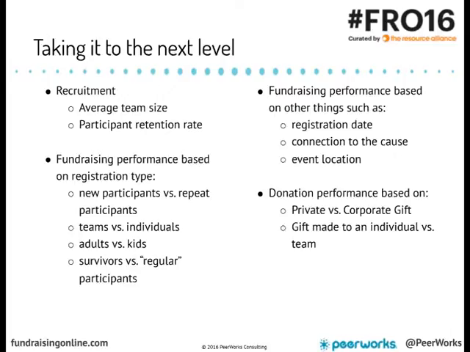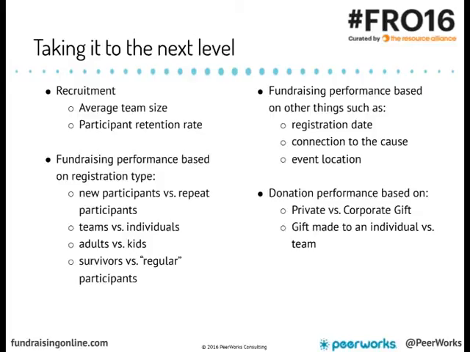There's also a whole lot you can do looking at the fundraising performance based on the different types of registration. So looking at fundraising of new participants versus repeats, team fundraising performance versus individuals, adults versus kids even, survivors versus regular participants. Another category we often look at is fundraising performance based on other things, such as when did they register?